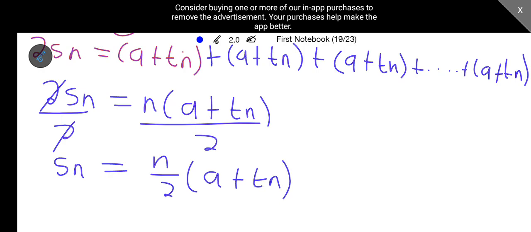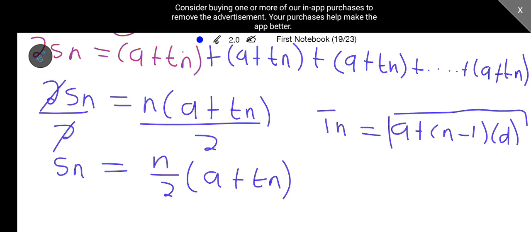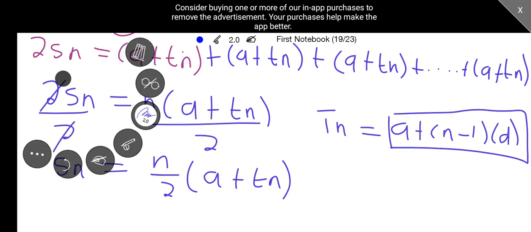Because we are on an arithmetic sequence, do you still remember what we said about Tn? That Tn was equal to A plus n minus 1 multiplied by the difference. So when we see Tn, we are going to plug this. Let's write it.